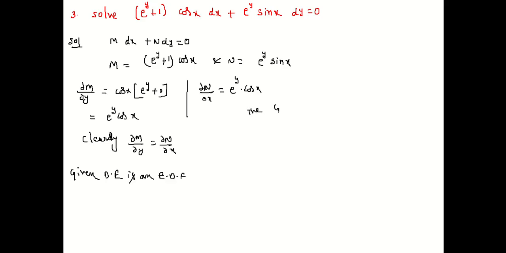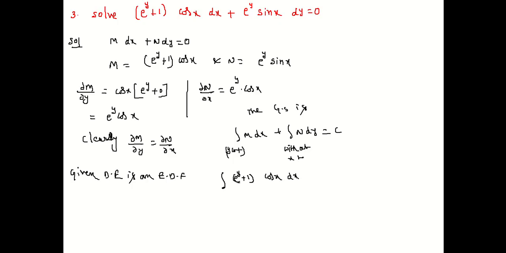The general solution is the integral of M dx plus the integral of N dy equals c, with y constant in the first and only terms without x in the second. So the integral of (e^y + 1) cos x dx plus the integral of e^y sin x dy equals c.